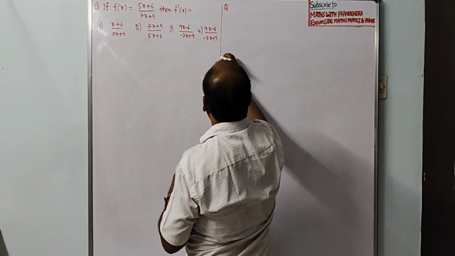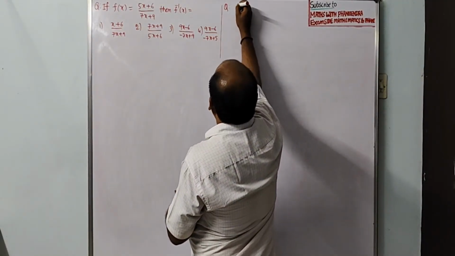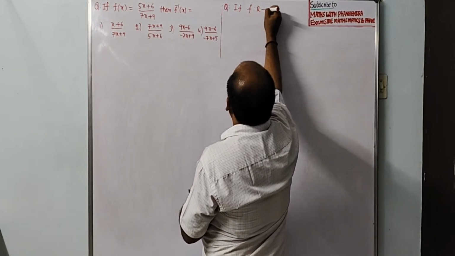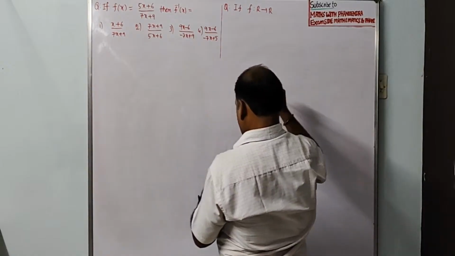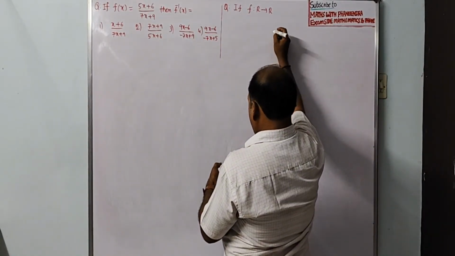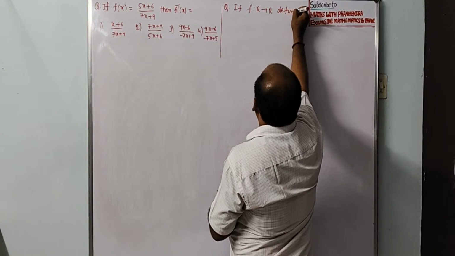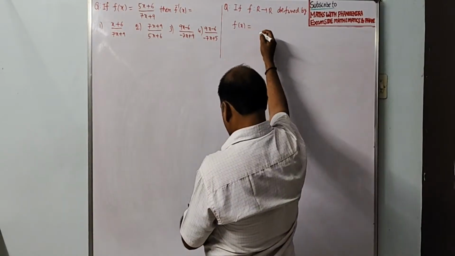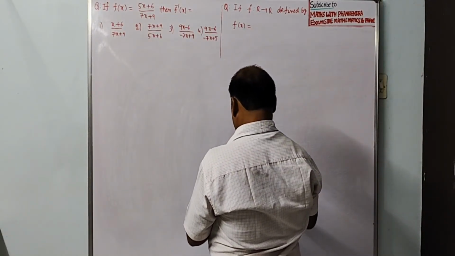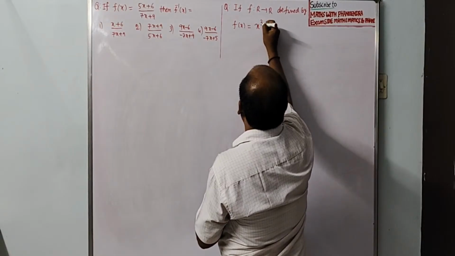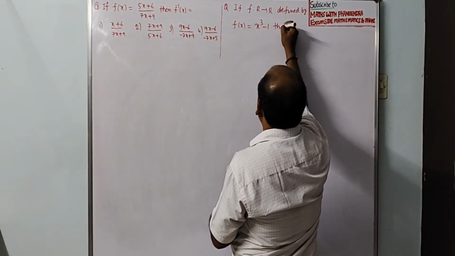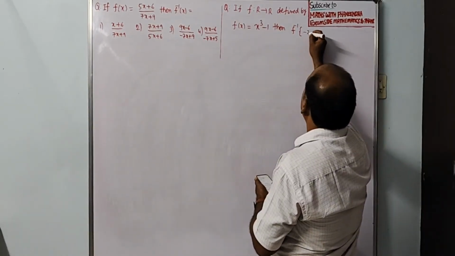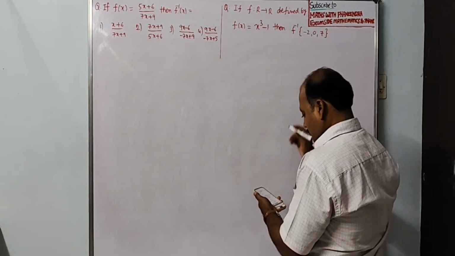Next question. If f from R to R defined by f of x equal to x cube minus 1, then f inverse of minus 2 comma 0 comma 7.